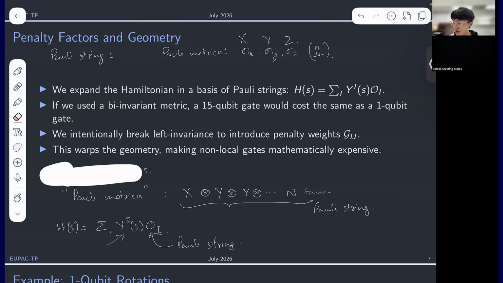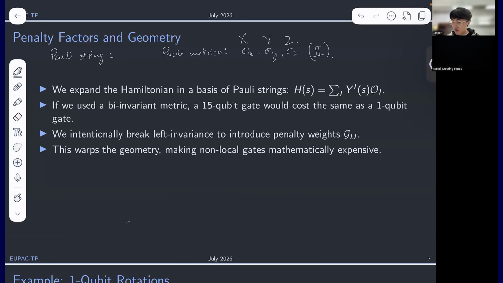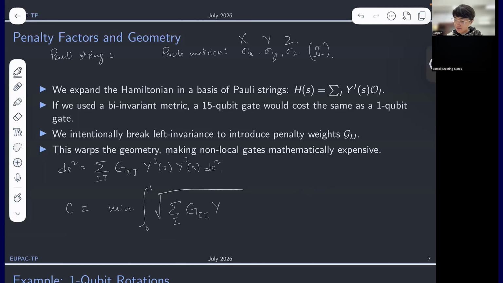The Riemannian metric that Nielsen defined looks like this, ds squared equals the sum over the weights squared. From here we can define Nielsen's complexity as C equals the minimum of the length of the shortest path.